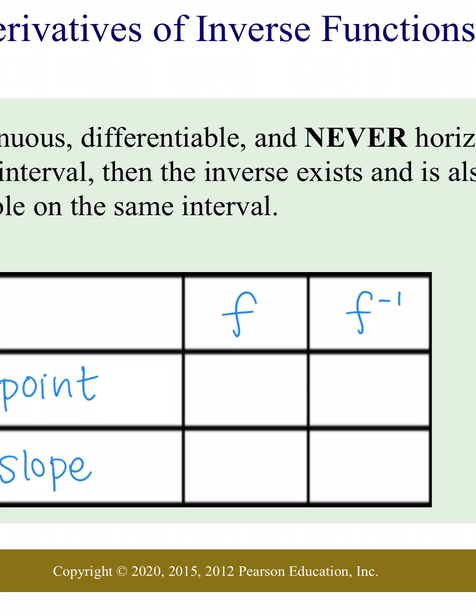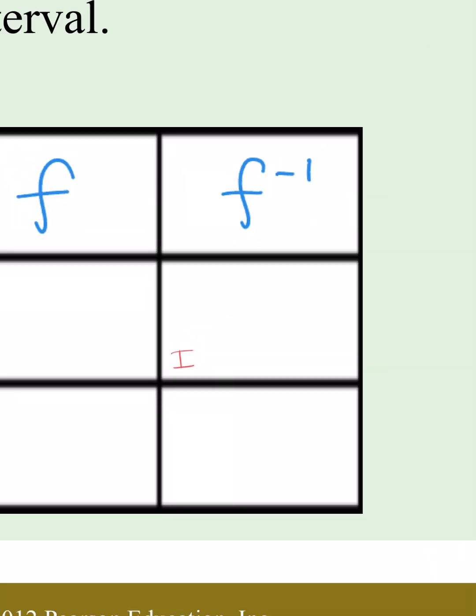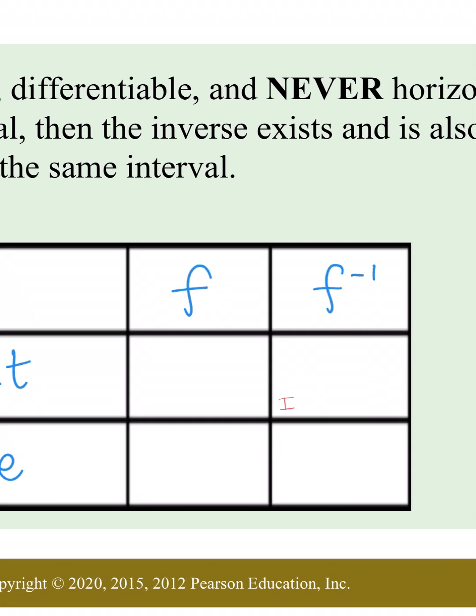All right, this is going to help you organize your work on this, finding derivatives. Okay, you always start, if these are your 4 boxes, in what we would call position 1, kind of like a quadrant. You're going to start there. You have to know the point.